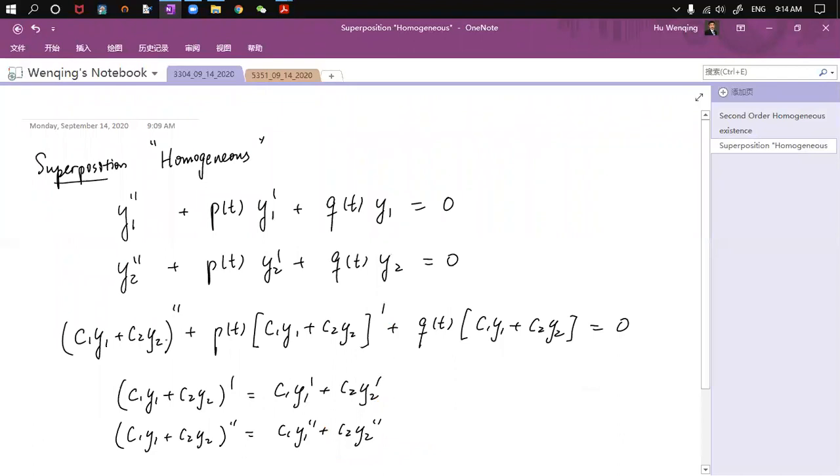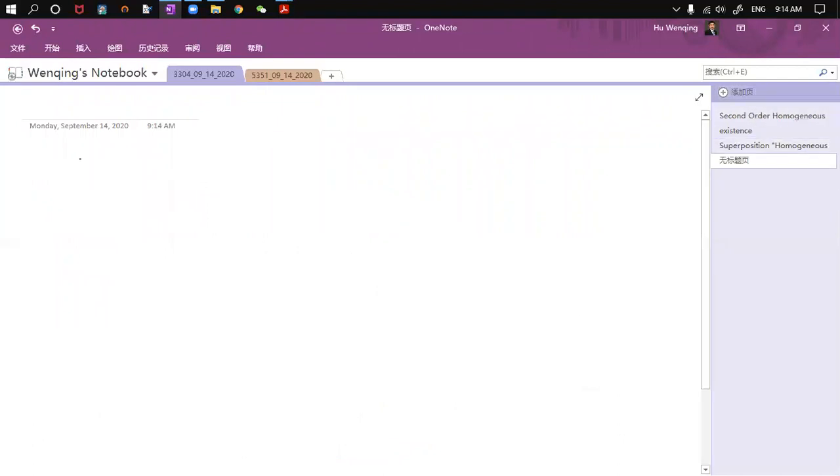As long as you have that, you can see the general solution of these homogeneous equations. So let me consider the general solution of y double prime plus p(t) y prime. This is very general theory.